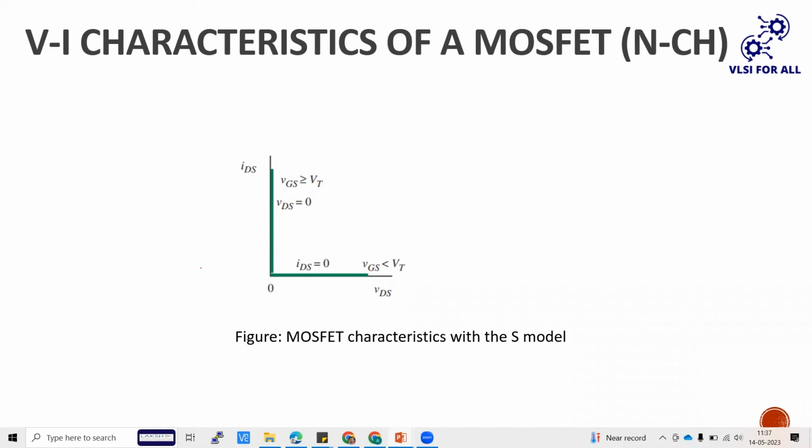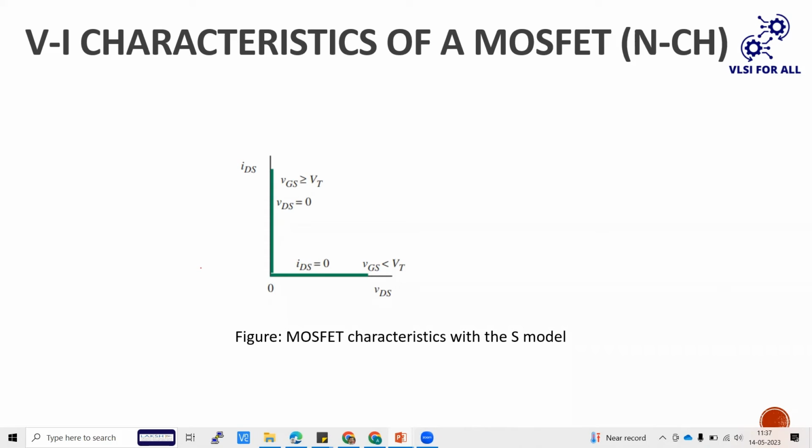Here in this MOSFET, there are two types of models: S model and SR model. S model means switch model. That means ideal. There is no resistance at all. It just acts like either an on switch or an off switch.